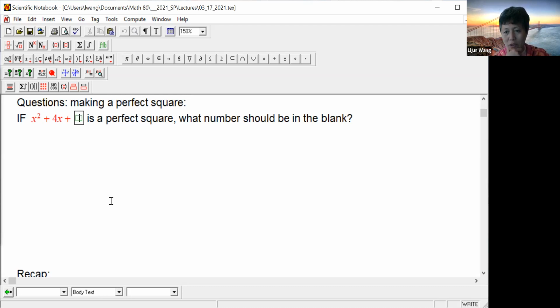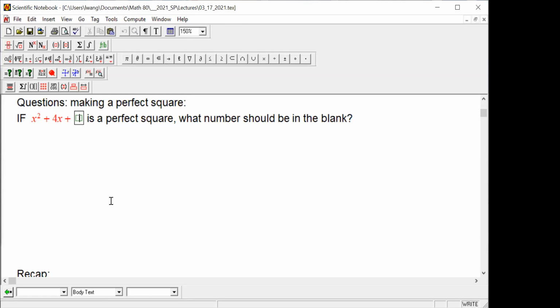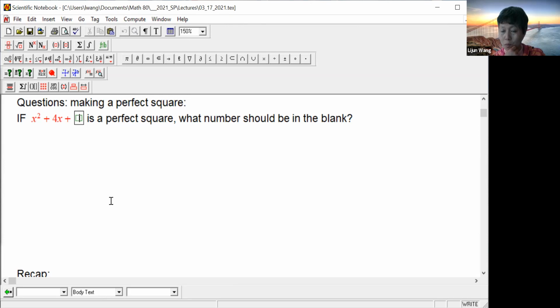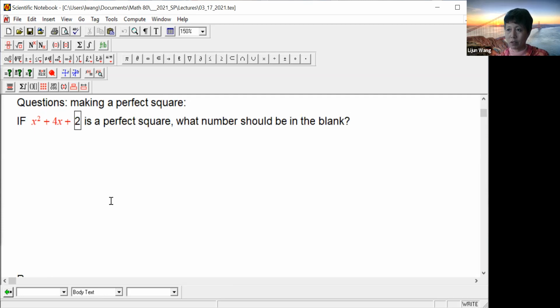I'm waiting for your answers. Is it 2? Look at what you just did. If you put a 2 there, will it make a perfect square?